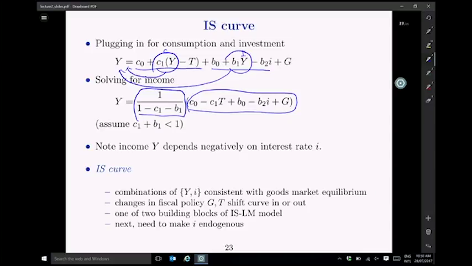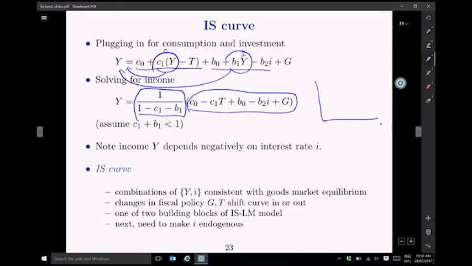The IS curve gives us the combination of output and interest rates that are consistent with equilibrium in goods market. And we can actually plot this condition in the space of interest rate and output. It would be downward sloping, something like that. We'll show you formally this in next week's lecture.